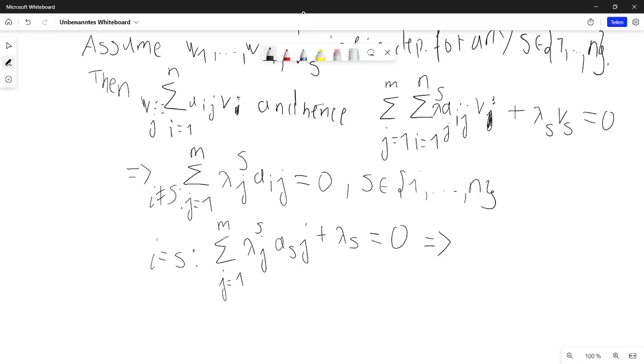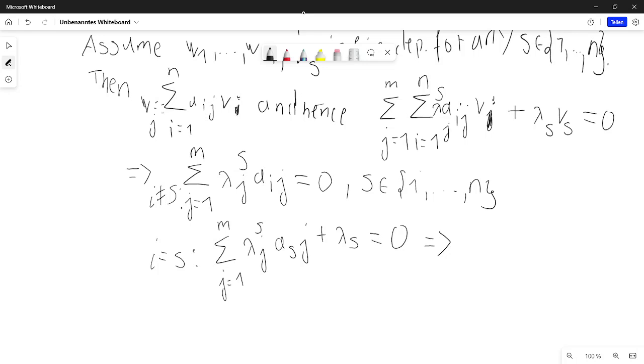This is just showing e_i's. That is for i not equal s. Just have that 0. And for i equal s, we just have that being equal to 0.